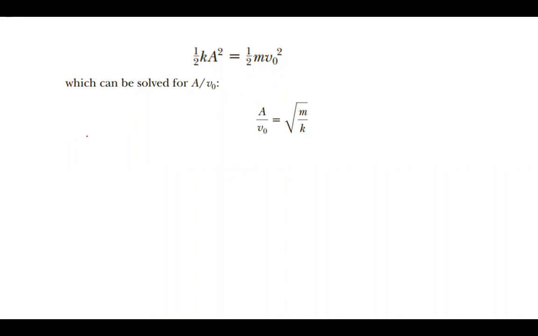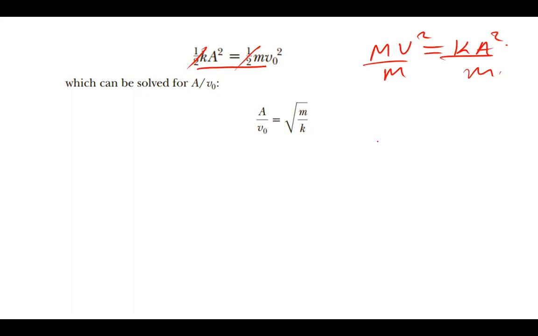Let's repeat the same procedure using this formula. So we have this half and that half being cancelled, and then we make V the subject. So we have mv squared is equal to Ka squared. From there, we make V the subject, so we divide by m.